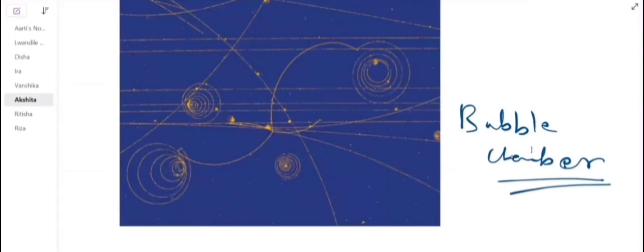Vapor of water droplets and ionizing particles. Okay. So whenever the ionizing particles like alpha, beta, gamma, any one of them passes through it, it creates a spark and gives a track of that particle. Okay. So this bubble chamber gives the count of that particle. Understood? Yes, ma'am. Any doubts?